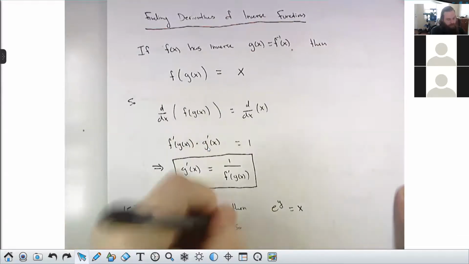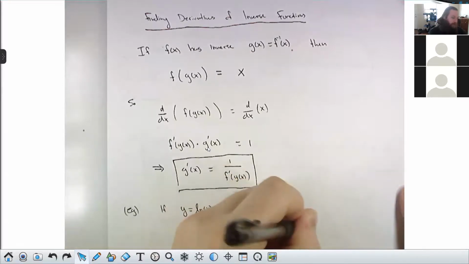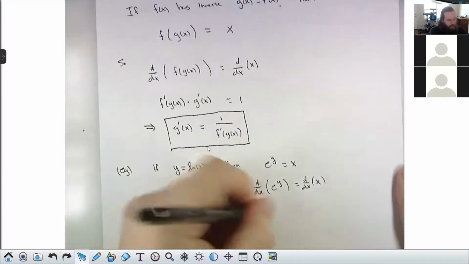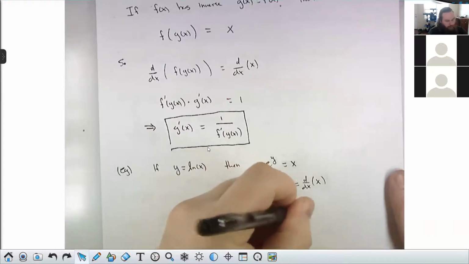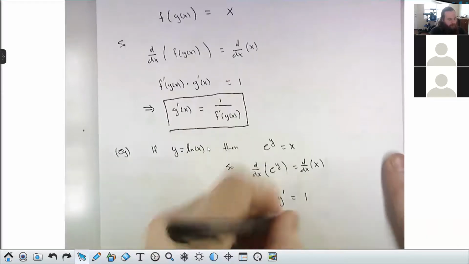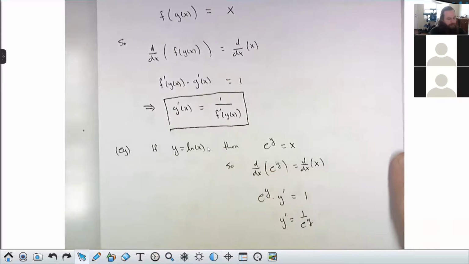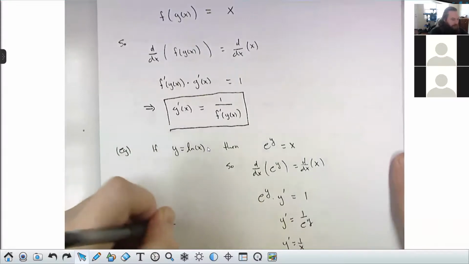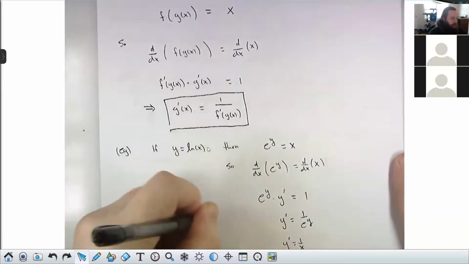So applying d dx to both sides, we get d dx of e to the y equals d dx of x, which is the same as saying e to the y times y prime equals 1, which is the same as saying y prime equals 1 over e to the y, and e to the y was x, so y prime is 1 over x. In other words, the derivative of the natural log of x is just 1 over x.